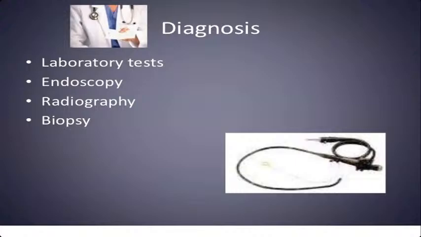ESR will be raised, and CRP will be raised. Then endoscopy is a must, endoscopy and biopsy. First, to determine what part of the bowel is involved, how severe the disease is, and then to take a biopsy for histological diagnosis.